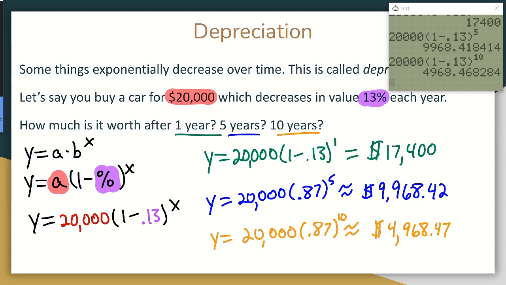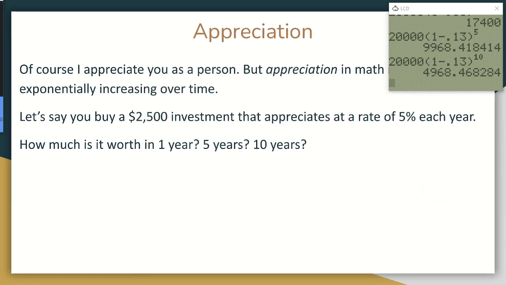Yeah, thanks, Kai. Exactly. All right, now we're going to have a look at appreciation here. So again, we're going to use the y equals a times 1 plus the percent to the x value. So here we have an investment of $2,500, and that's going to be our A value. And the rate of appreciation is 5% each year.